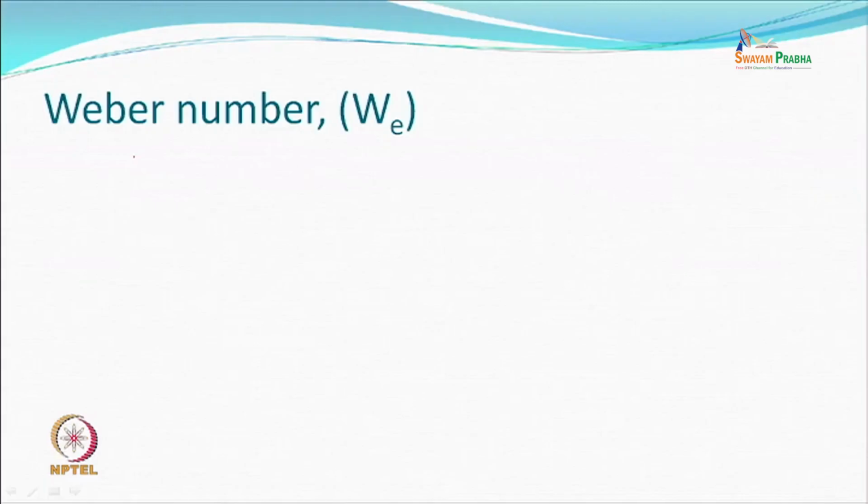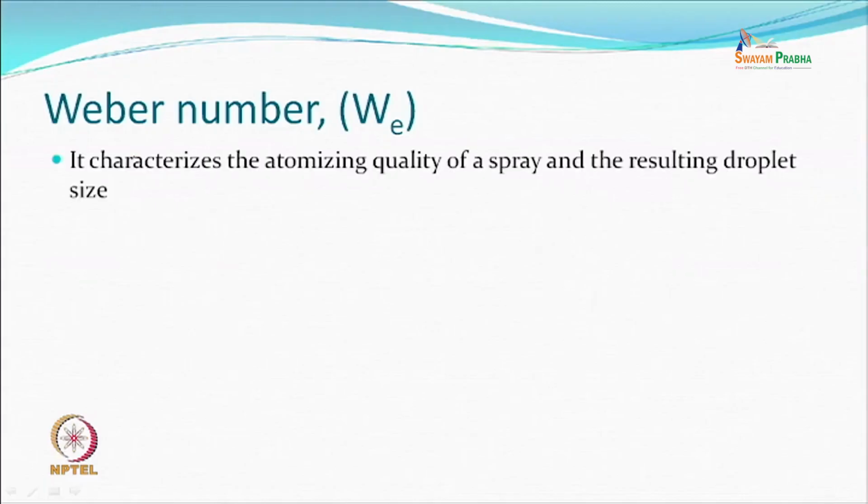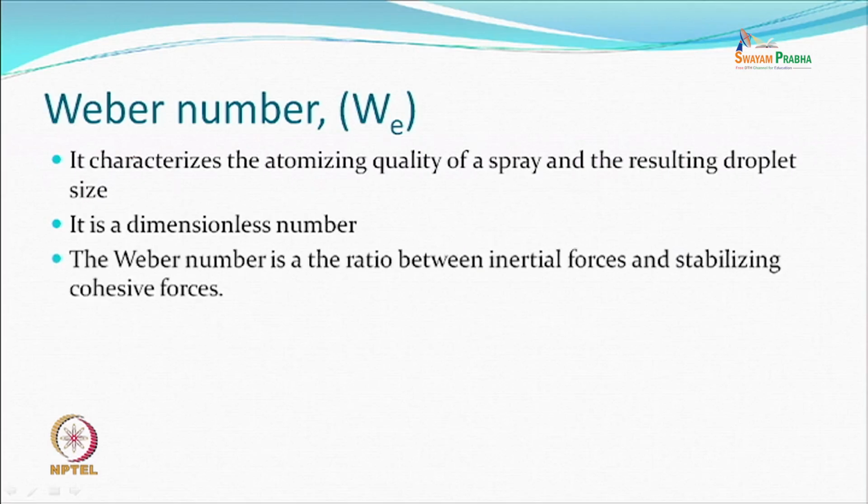So this Weber number, it characterizes the atomizing quality of the spray and therefore the size of the droplet. It's a dimensionless number, so the units are chosen of all these in such a manner that you just get a number. So roughly speaking, it's a ratio between the inertial forces and stabilizing forces, which are cohesive forces like the surface tension itself. Right?